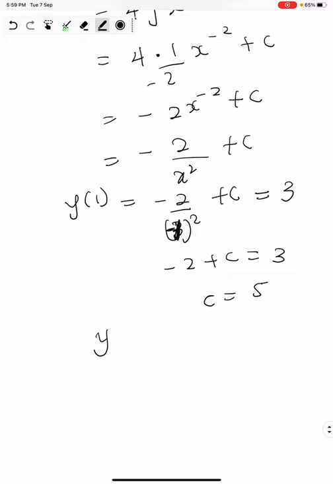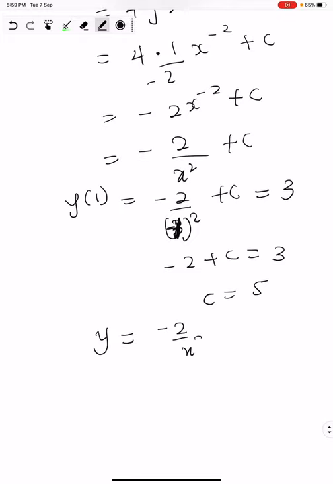And so the solution to that simple differential equation is y is equal to minus 2 over x squared plus 5. This is a solution to the differential equation dy dx is equal to 4x to the power minus 3 with the initial condition y of 1 is equal to 3.